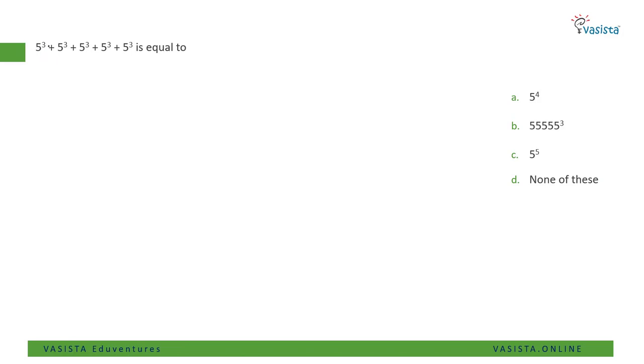Let us first find this. 5 to the power of 3 is nothing but what? 5 to the power of 3 means you need to multiply 5 three times, that is 5 into 5 into 5. 5 multiplied by 5 is 25, and 25 multiplied by 5 is going to be 125.